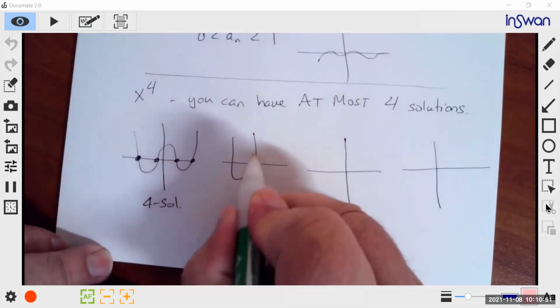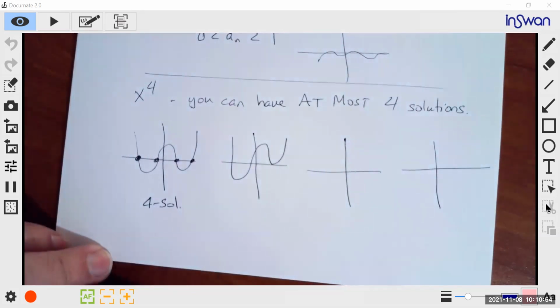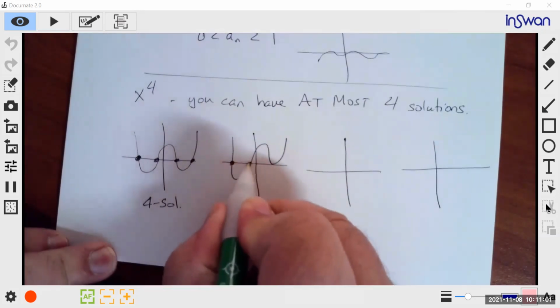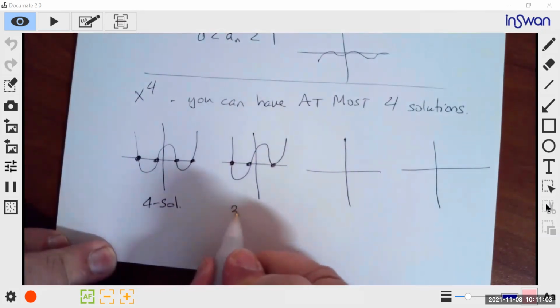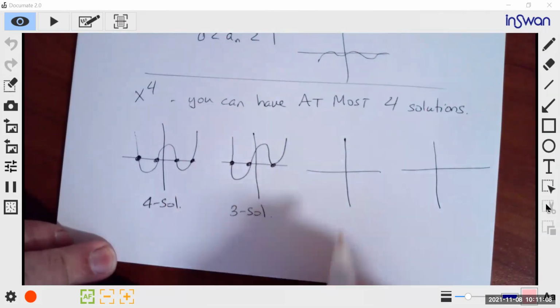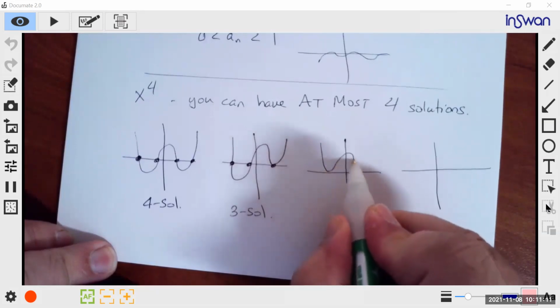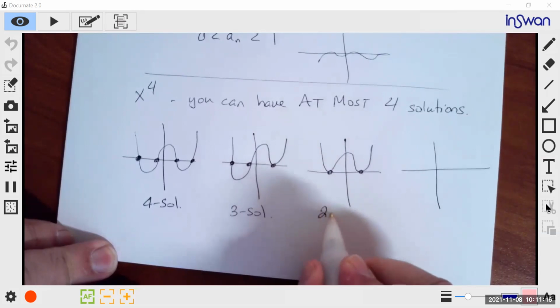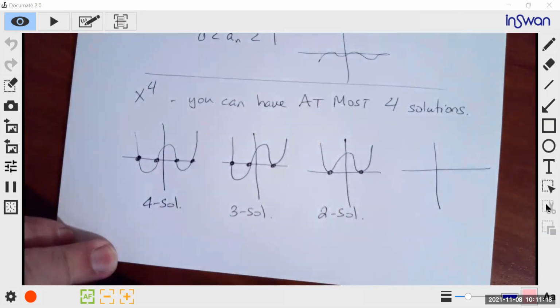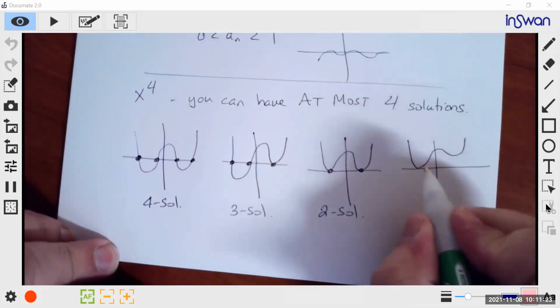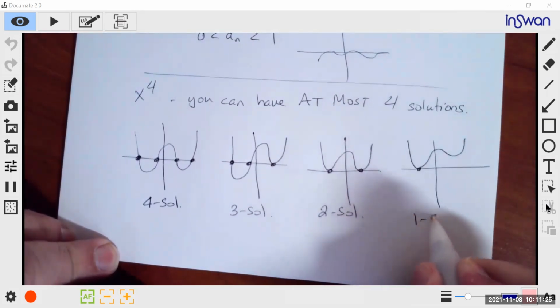The equation can look like this. One, two, 3 solutions. Two solutions. One solution.